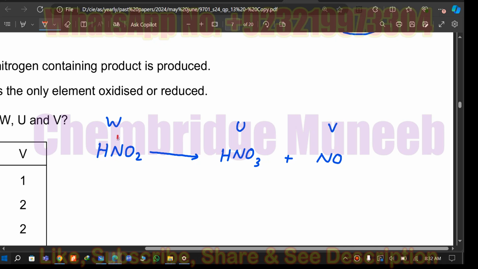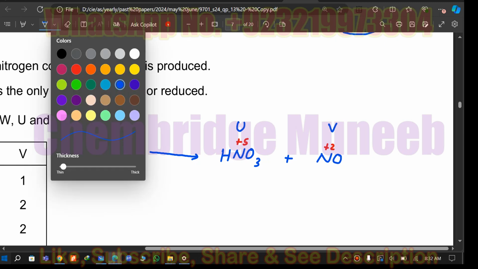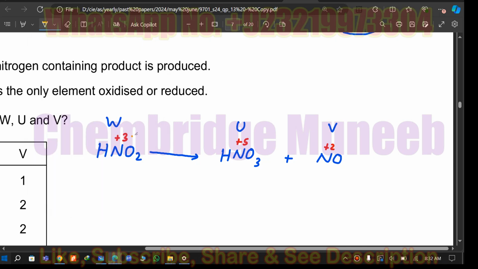So I have to put the oxidation numbers of all the nitrogens present in this reaction. It is +3 in the reactant, it is +5 in HNO3, and it is +2 over here. Now we have seen that there is a change, and nitrogen is the only element showing the disproportionation here.